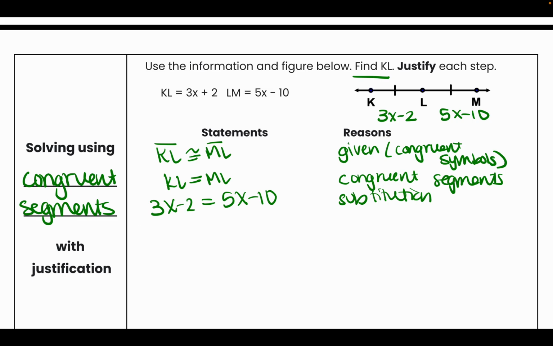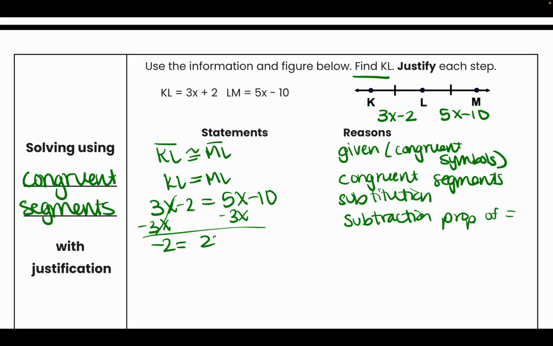Now we're going to subtract 3x and get all the x's on one side. This is our subtraction property of equality. We get negative 2 equals 2x minus 10. Then we're going to add 10 to both sides. That's our addition property of equality.